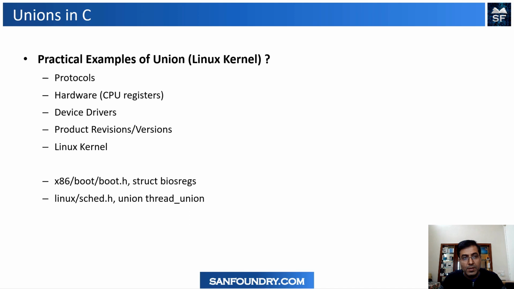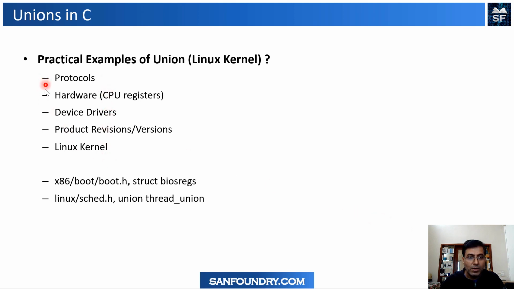Now, when you talk about unions, I have seen lots and lots of users who want to figure out where we use unions basically, right? In the real world, we have lots and lots of requirements to have a union kind of construct. You can see that I have noted down so many of them.